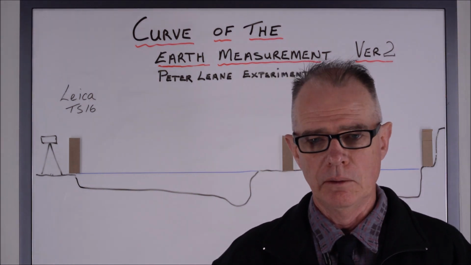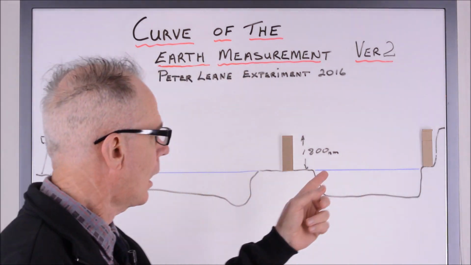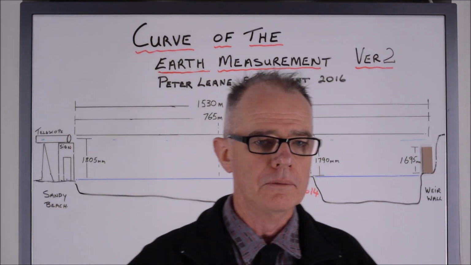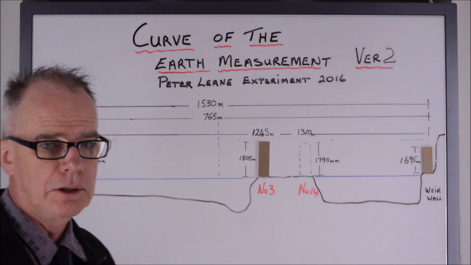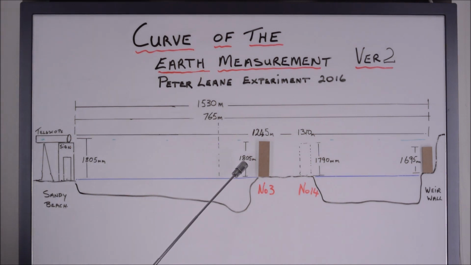Alright, we just might sum up now and go actually put the actual figures in. I've just added the actual figures in now. They're not very far off the hypothetical figures, as you can see. The main one we have is our centre reference pillar, which has just changed to 1805 millimetres off the water.